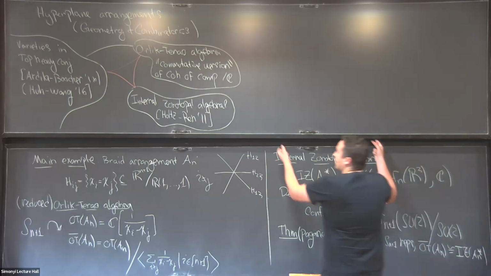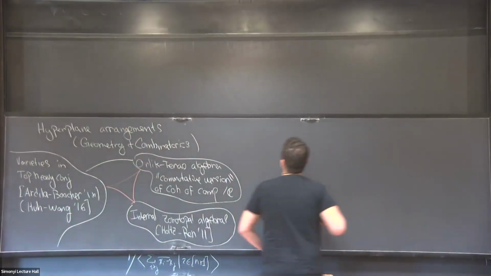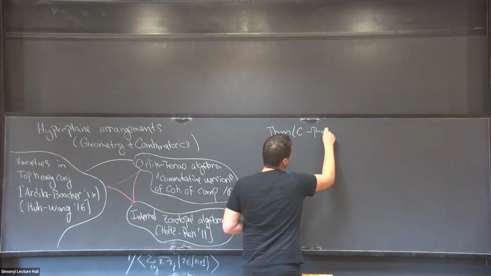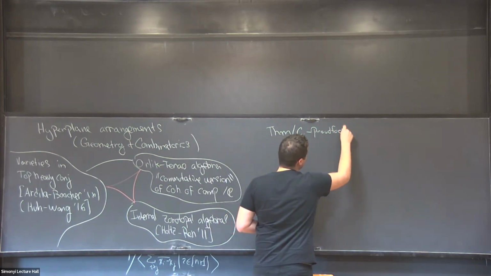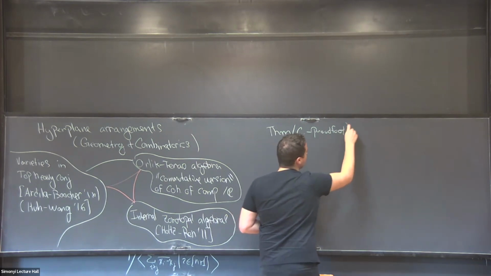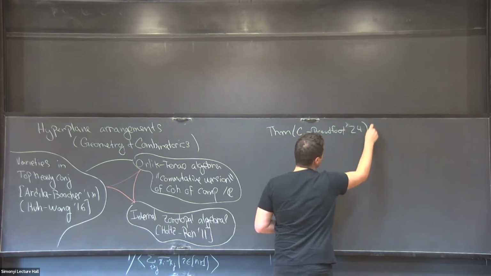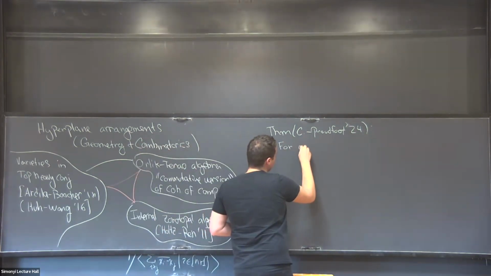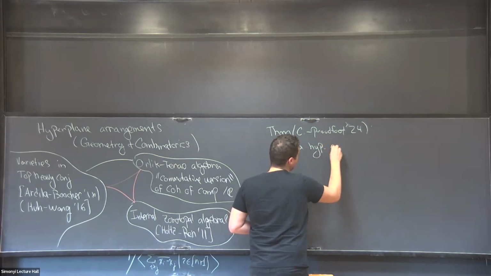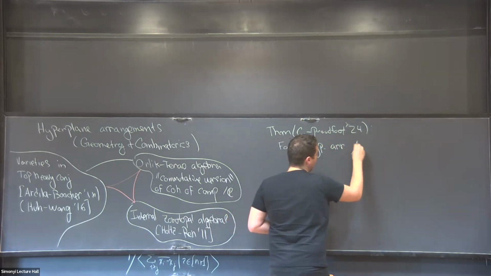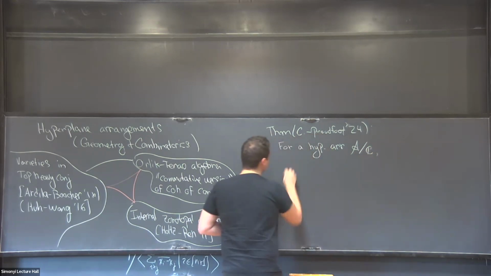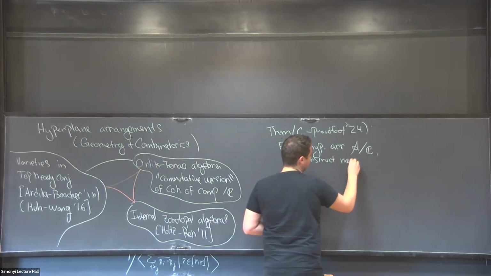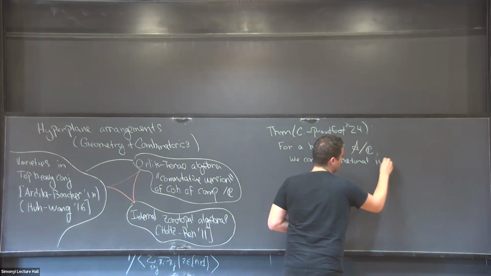And so here's our theorem statement. So for a hyperplane arrangement A, defined over the complex numbers, we construct natural isomorphisms.